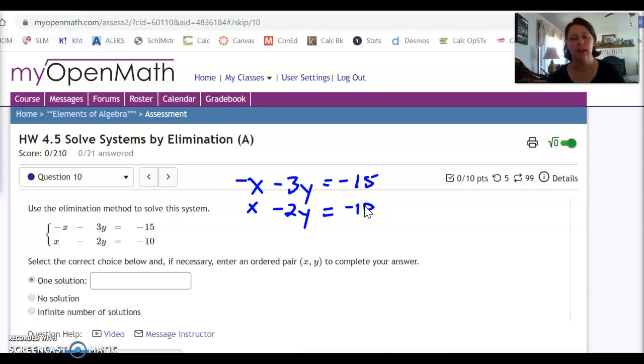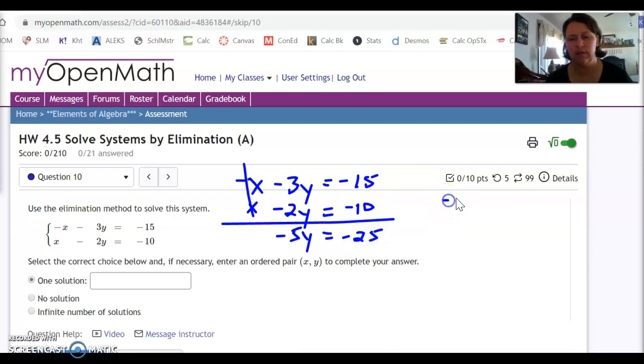Okay, so we've got negative x plus negative 3y equals negative 15, and x minus 2y equals negative 10. So they're both written in standard form, and this time our exact opposites are the x variables. So we have a negative x and a positive x, and those are going to cancel each other out. Then negative 3y minus 2y is going to be negative 5y, and negative 15 minus 10 is going to be negative 25.